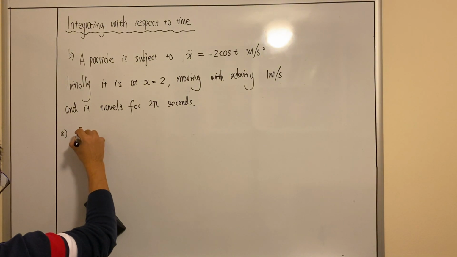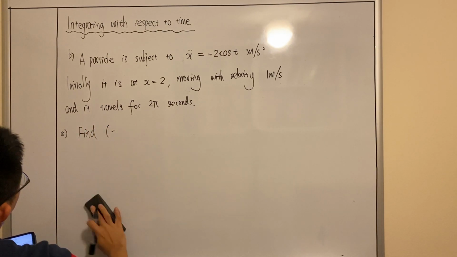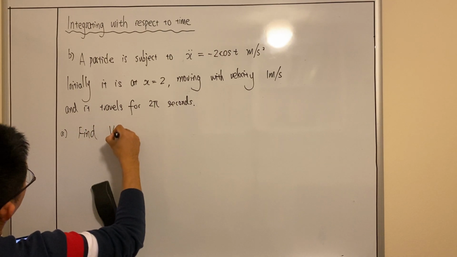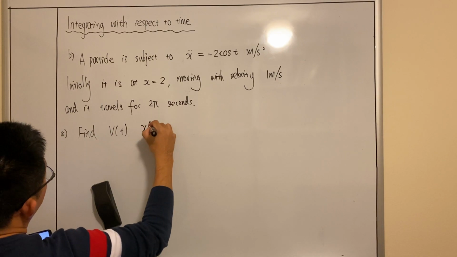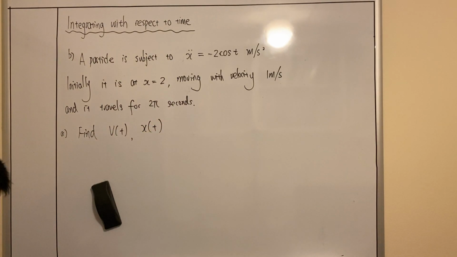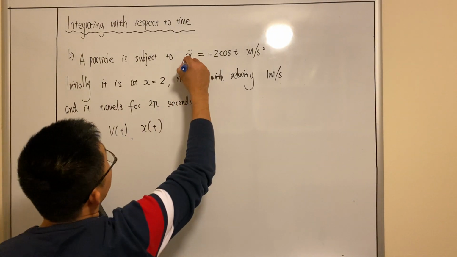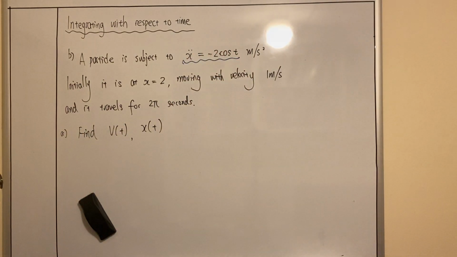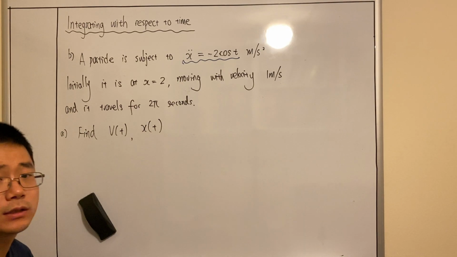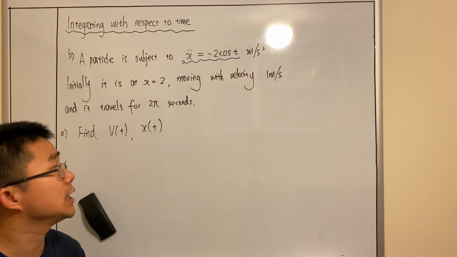We need to find the v(t) function and the x(t) function, velocity and displacement in terms of time. How do we do it? We have the acceleration function, and we can find the velocity function and the displacement function by integrating it.